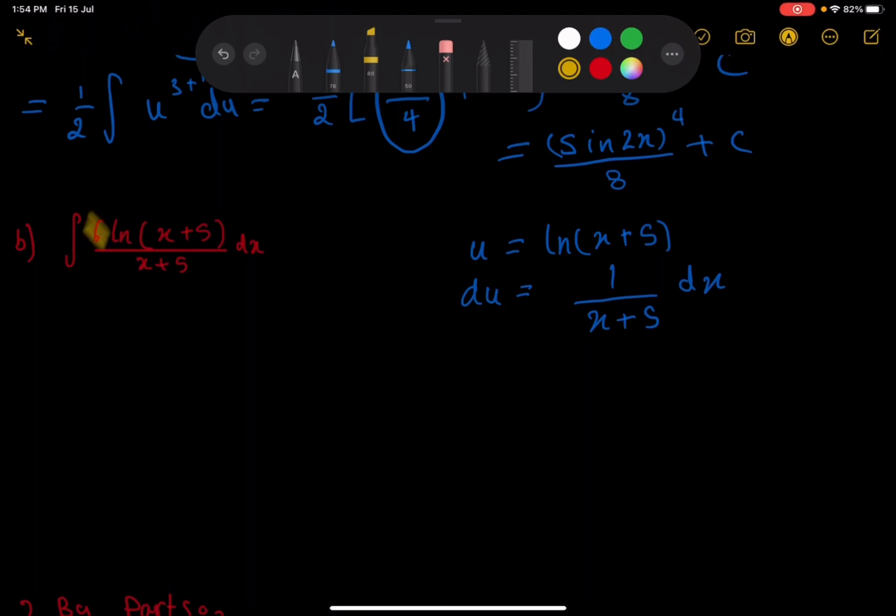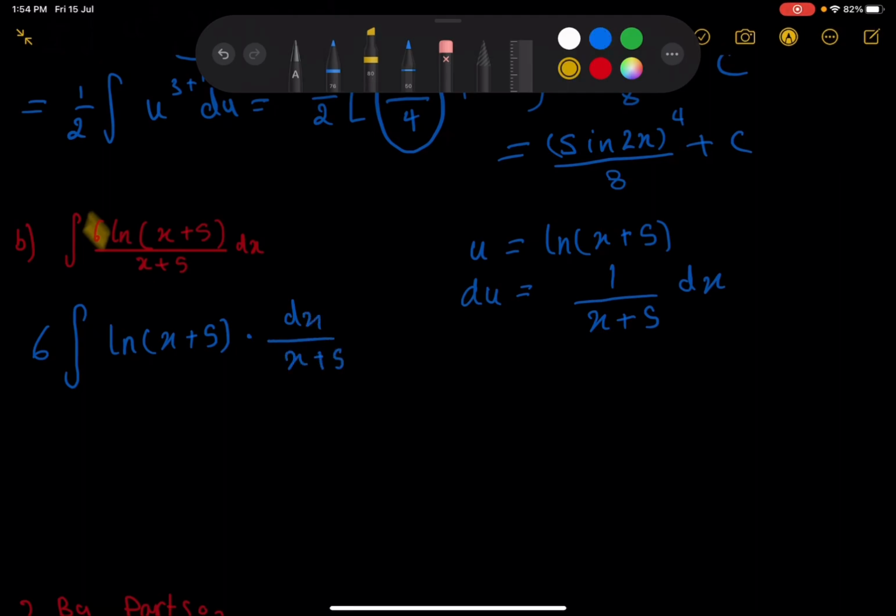I'm going to take this 6 outside the integration, because there's no difference whether it's inside or outside, as it's only a constant. So I'm going to have 6, and then the integration of ln x plus 5, multiplied by dx over x plus 5.